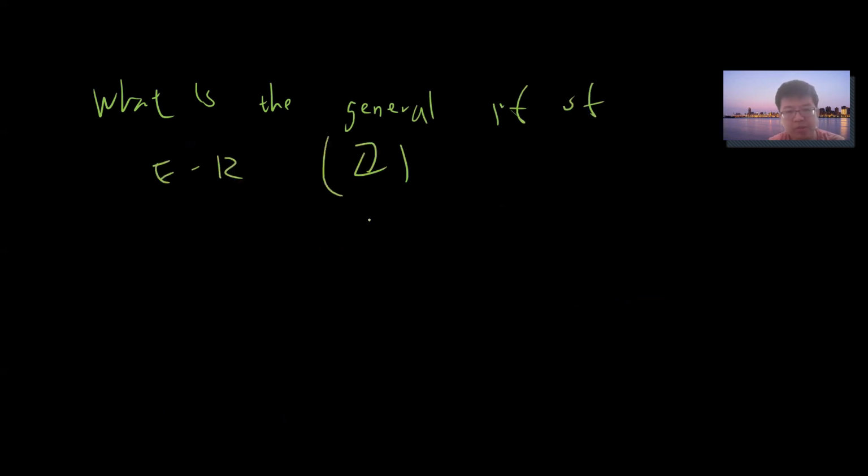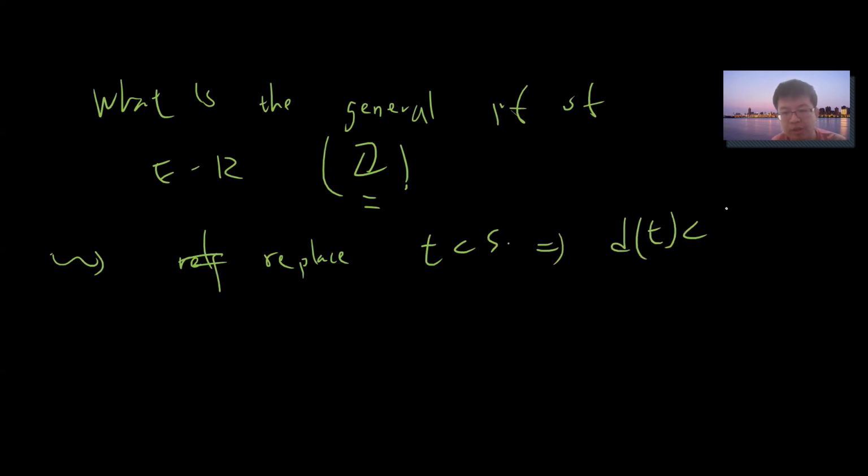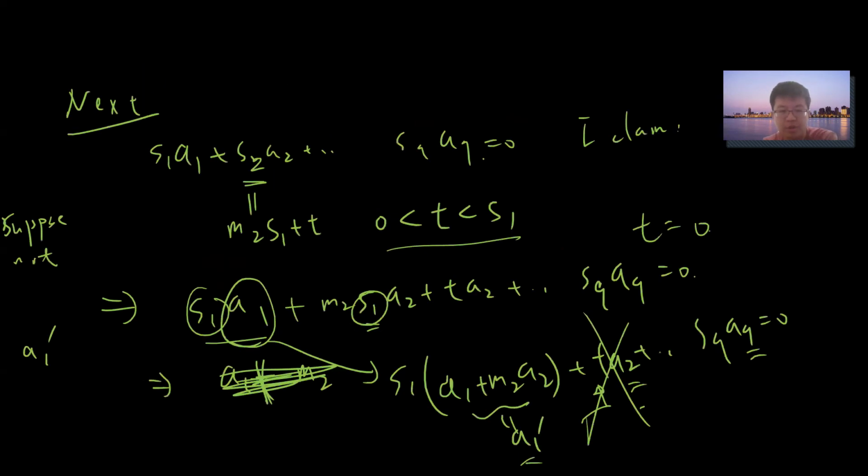Remember that in the previous proof I only worked with the integers, but the proof is simple, because I can just replace all the t less than s with d(t) less than d(s). Then that's done, because we only use the ordering on nonnegative integers, but in a Euclidean domain you can define this type of d. So basically you can prove these results.